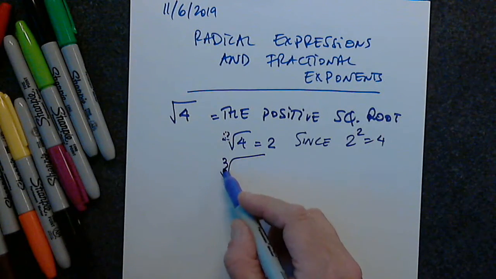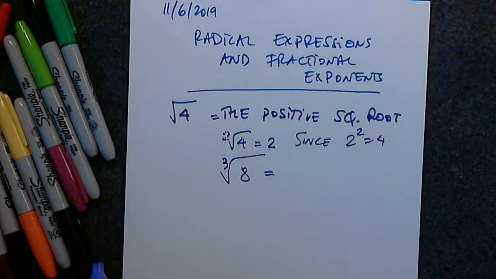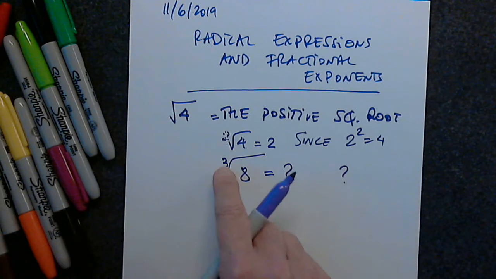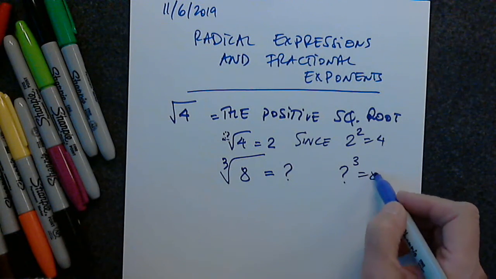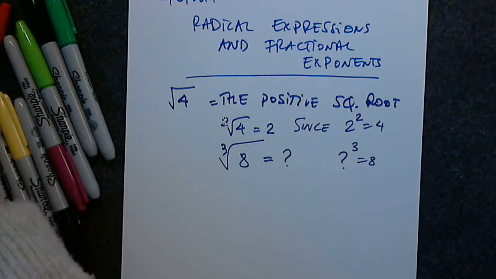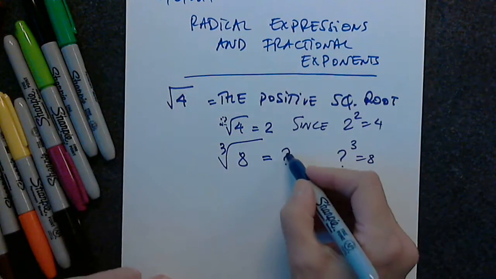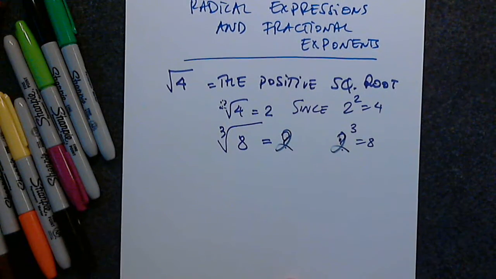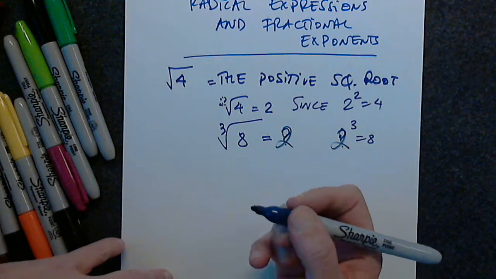What about the cube root of 8? What will that be? Let's say we don't know, but it's the number that I raise to the 3rd power to get 8. Which number do I raise to the 3rd power to get 8? 2. Obviously, it's 2. Okay, let's look at one more.